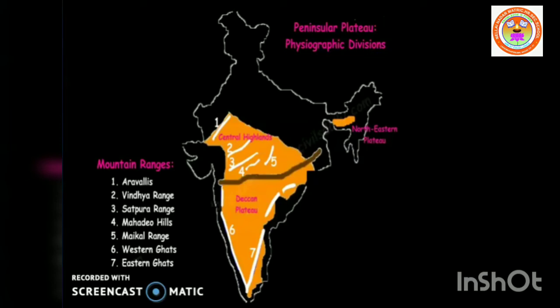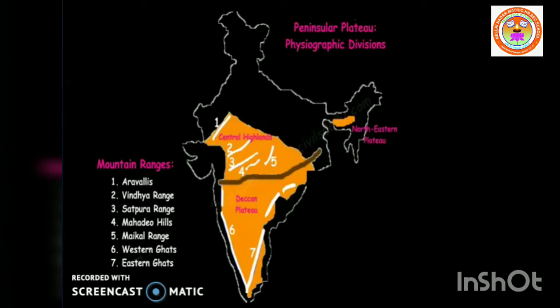The Western Ghats and Eastern Ghats mark the western and eastern boundaries respectively. The plateau is more than 600 meters above mean sea level. The peak of Anaimudi is the highest point of the plateau.